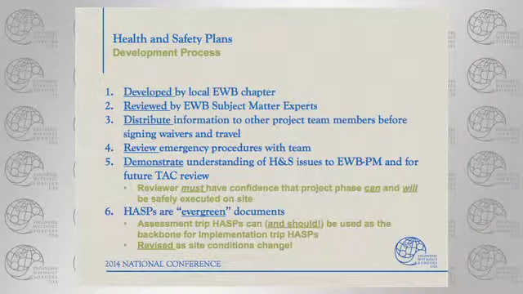You want to review the emergency procedures. Who do you contact if something goes wrong? Do you contact the local hospital? Is there a local hospital available? If there's a security issue, is there a police force? Do you contact a university or your check-in person with the chapter?